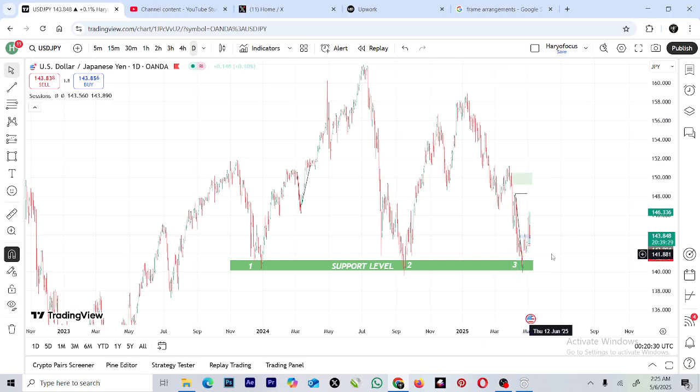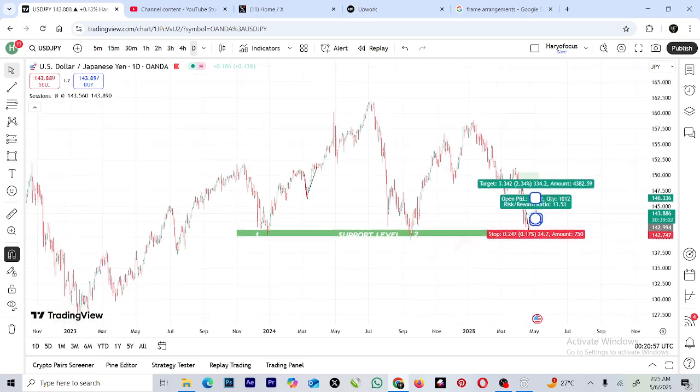So when market reach this place, it goes up, then comes back. It goes up when market reach this leg two, then comes down to take leg three, then goes up. This is what we call support level.